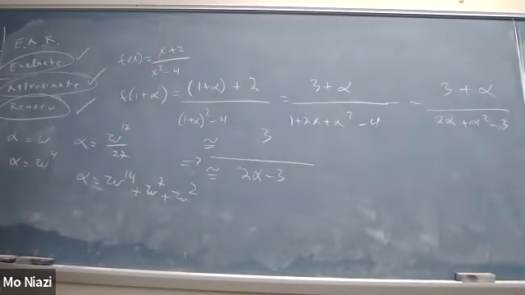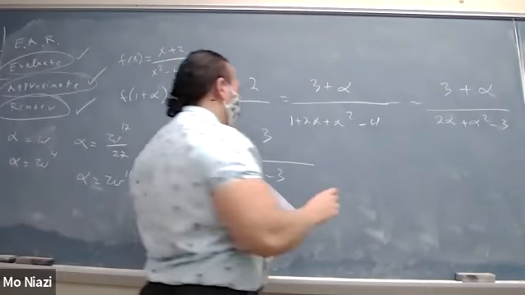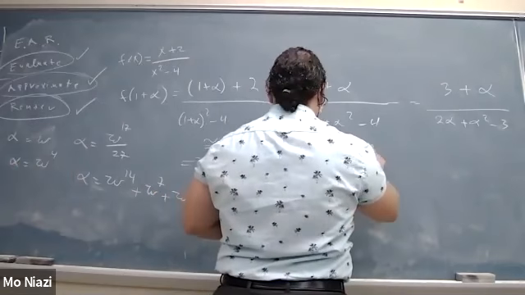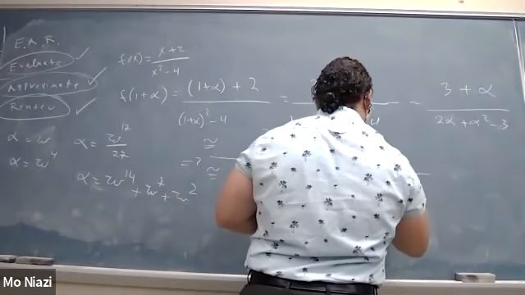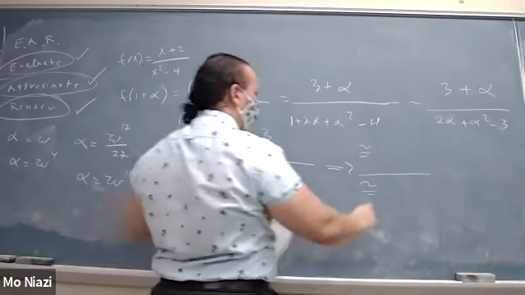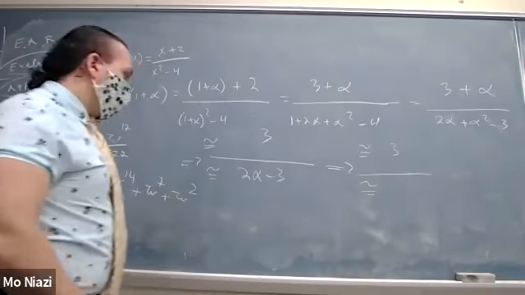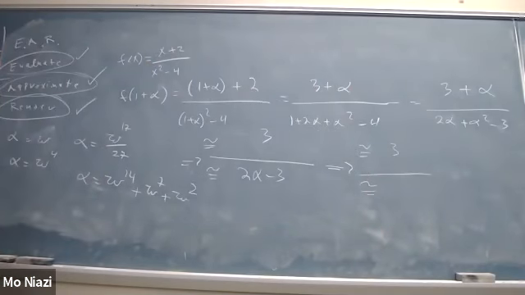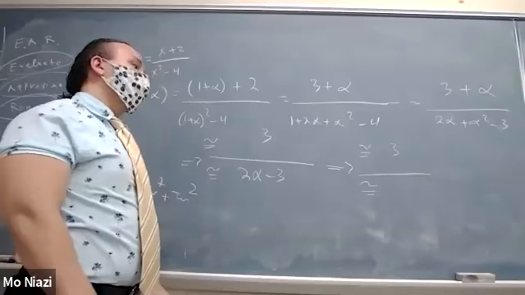All right. Now what? What does that approximate to? What does 3 approximate to? 3. What does 2 alpha minus 3 approximate to? Minus 7.